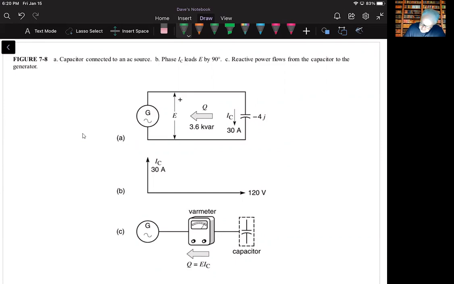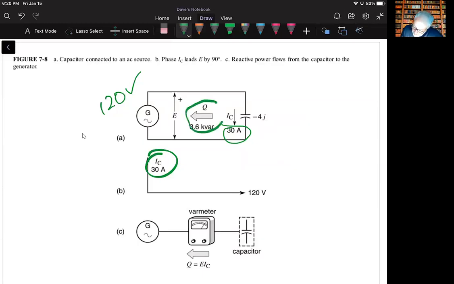It's still the same generated value, 120 volts, so it's still carrying the 30 amps of current like before, and it is leading the voltage by 90 degrees.